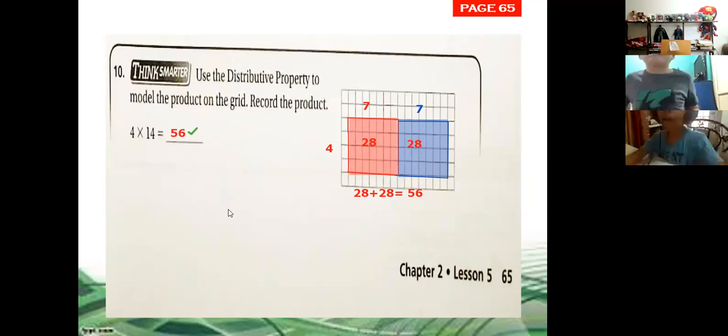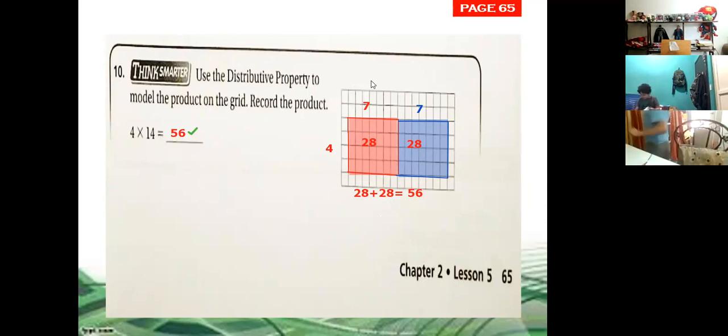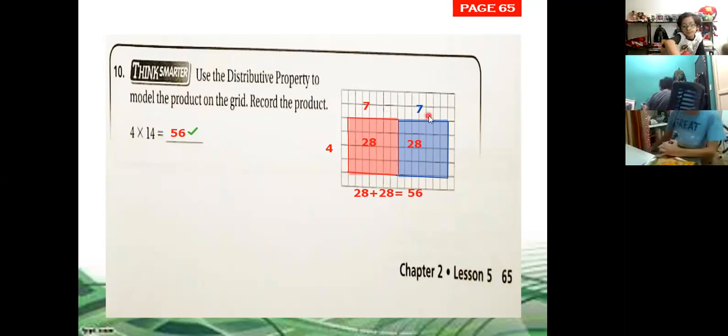Any question about this topic, about multiplying using the distributive property? This is page 65, remember. Any question about the distributive property? Remember, we have 4 times 14. So we just say 7 plus 7 equals 14.